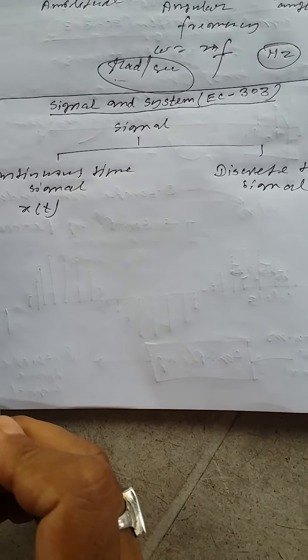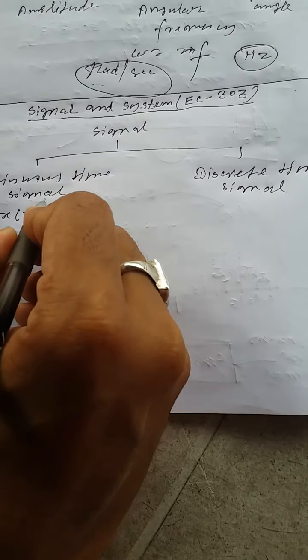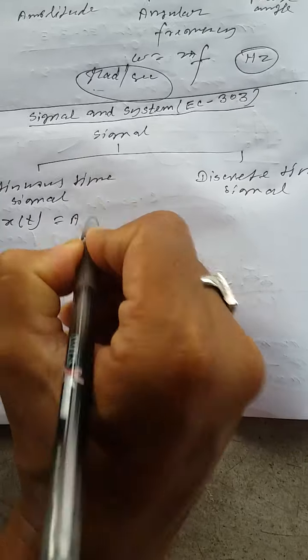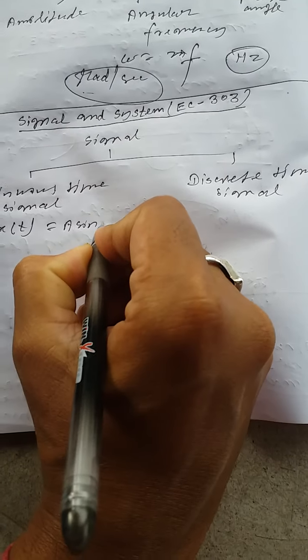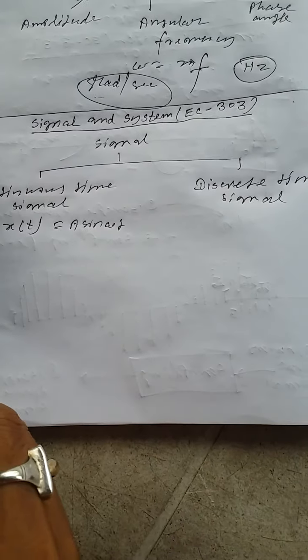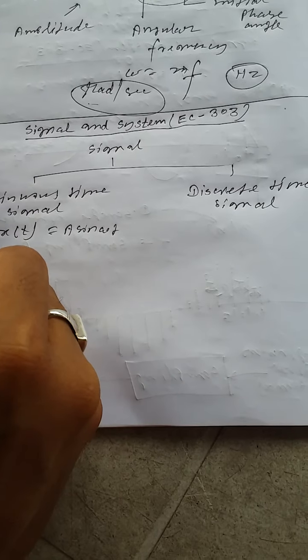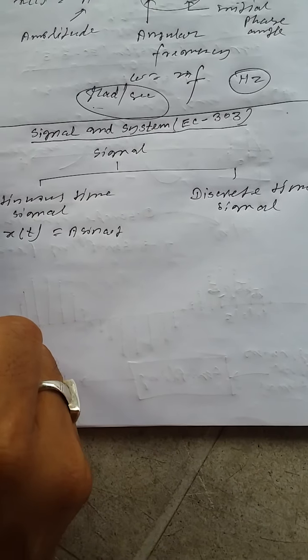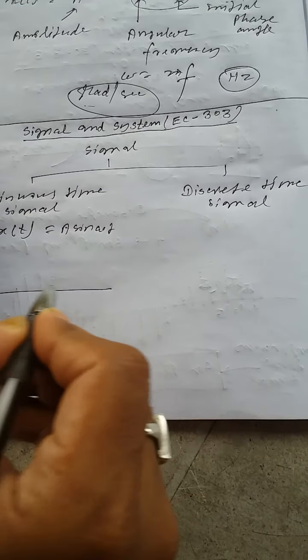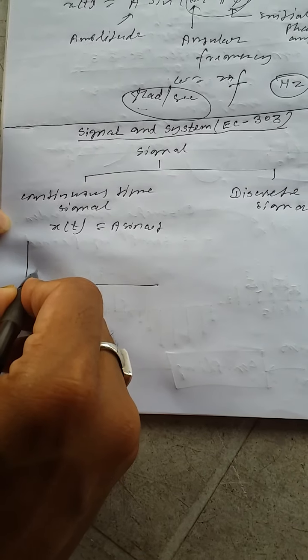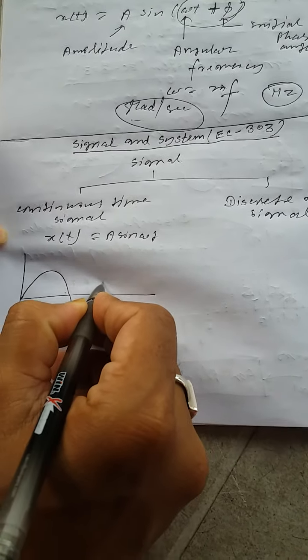Suppose x of t is represented by A sine omega t, then the curve of this signal can be represented by a sine wave. Okay, and it looks like this way.